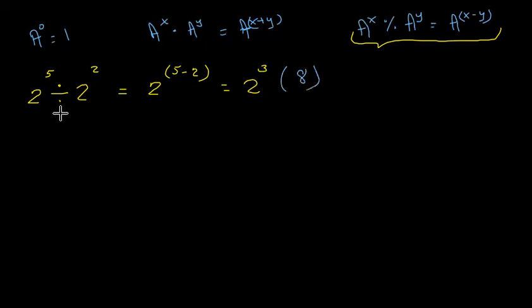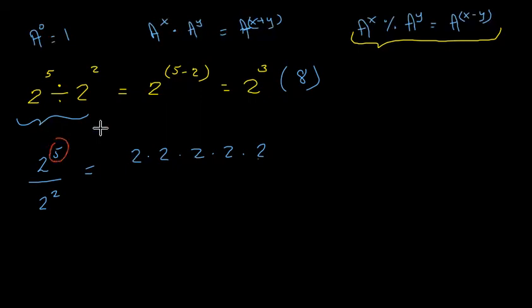All right, so let's look at this and work it out piece by piece. What this really is, is 2 to the 5th divided by 2 squared. So this is 2 times 2 times 2 times 2 times 2, 1, 2, 3, 4, 5. That's what I'm looking for. And this is all divided by 2 times 2.